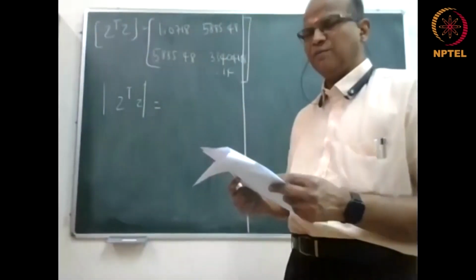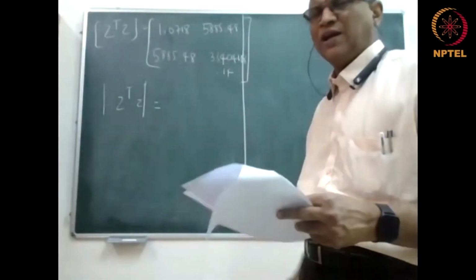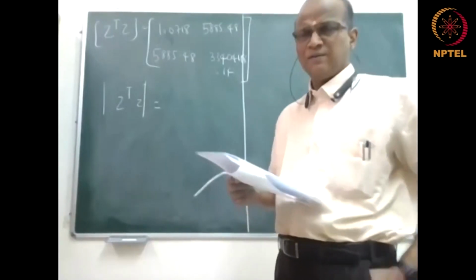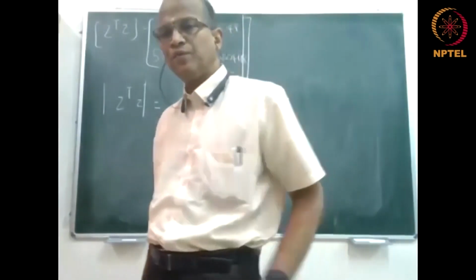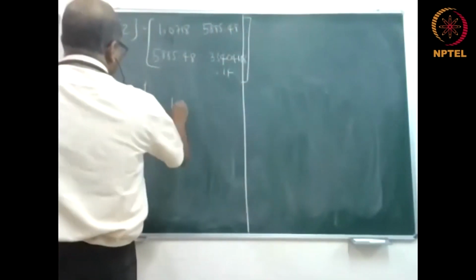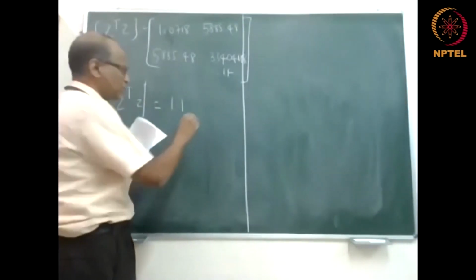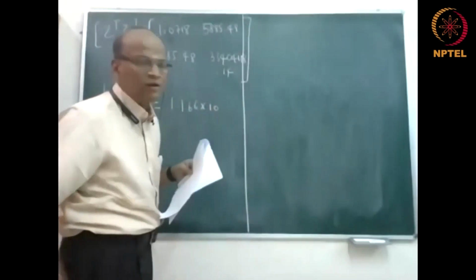Okay, calculate the determinant. It is an intermediate step because we want to calculate the inverse. Determinant is very small, is it? 1.16 into 10 to the power 6.